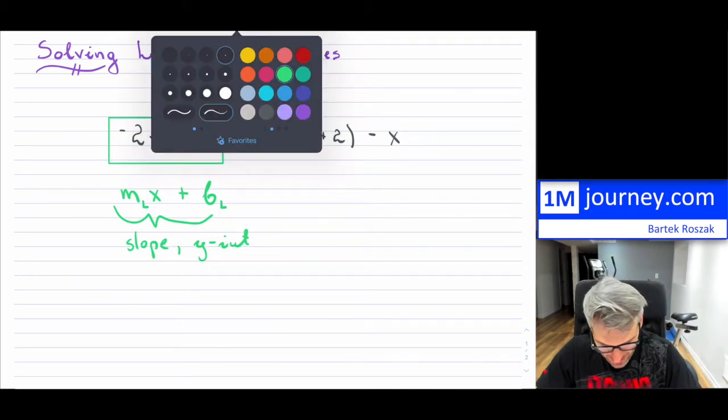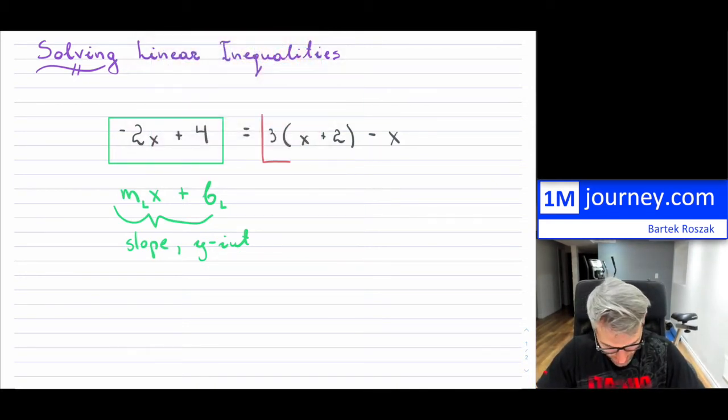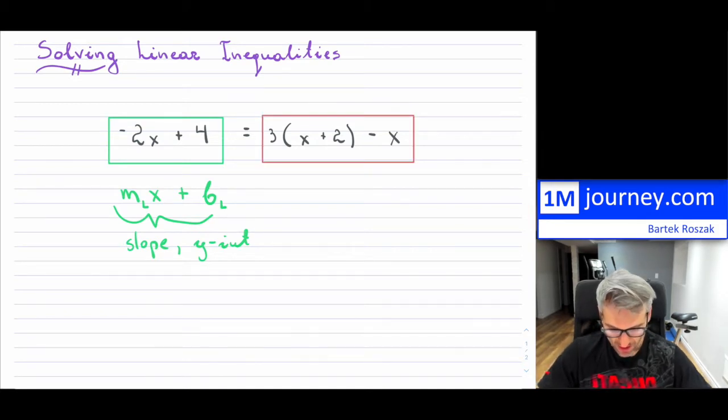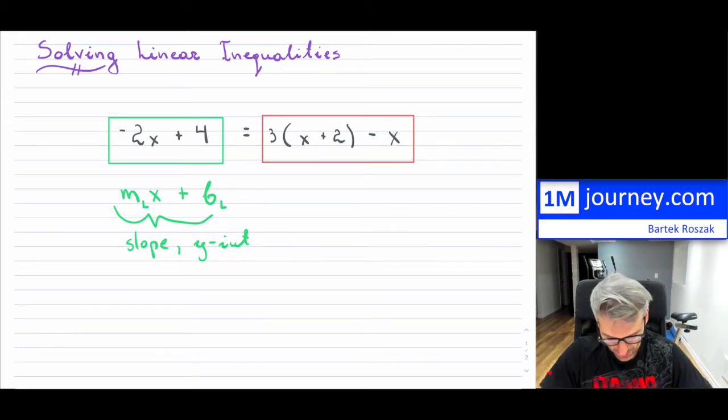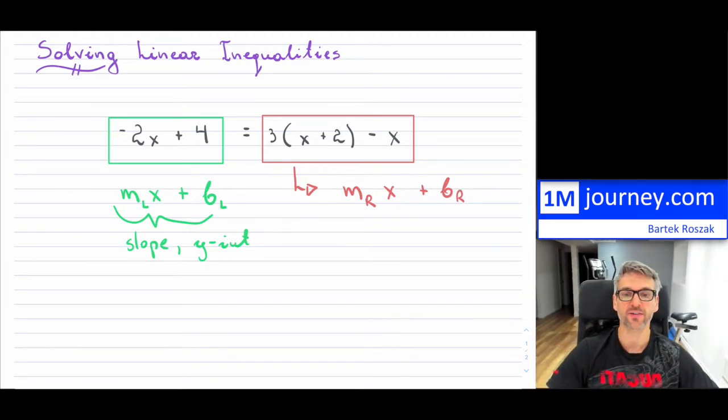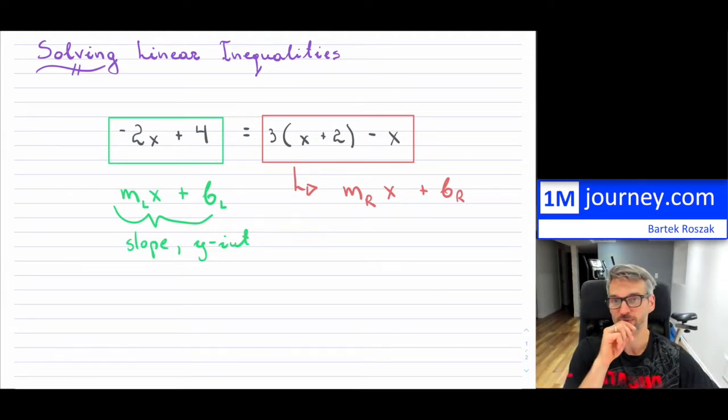On the right-hand side, I'm going to assume that I can simplify it so that it looks in this format, where I have the slope of the right-hand side times x plus the y-intercept of the right-hand side. So maybe I'll put an r right there. Again, that is just simply slope and y-intercept form.